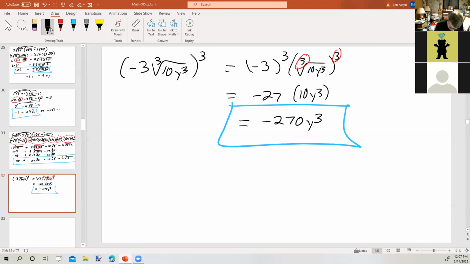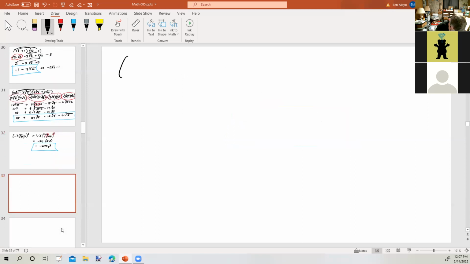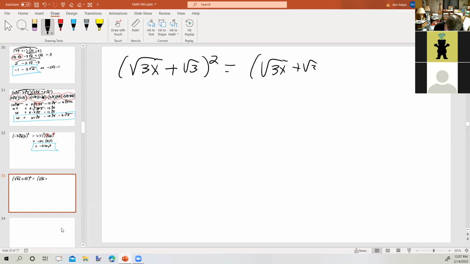And let's take a look at this one. Square root of 3x plus the square root of 3, the whole thing squared. So that would be the square root of 3x plus the square root of 3 times the square root of 3x plus the square root of 3, right? You don't take that 2 outside and attach it to each separate term inside because there's terms inside, not a product.